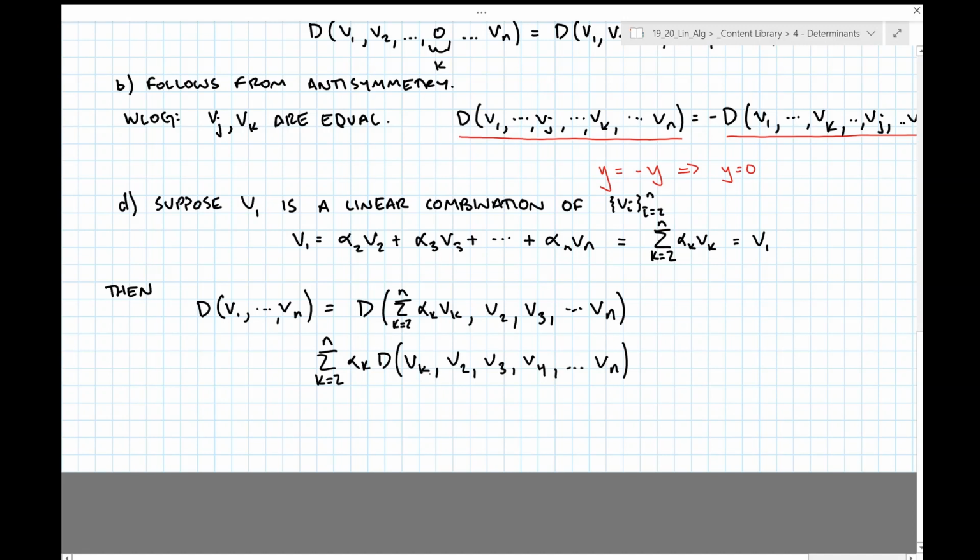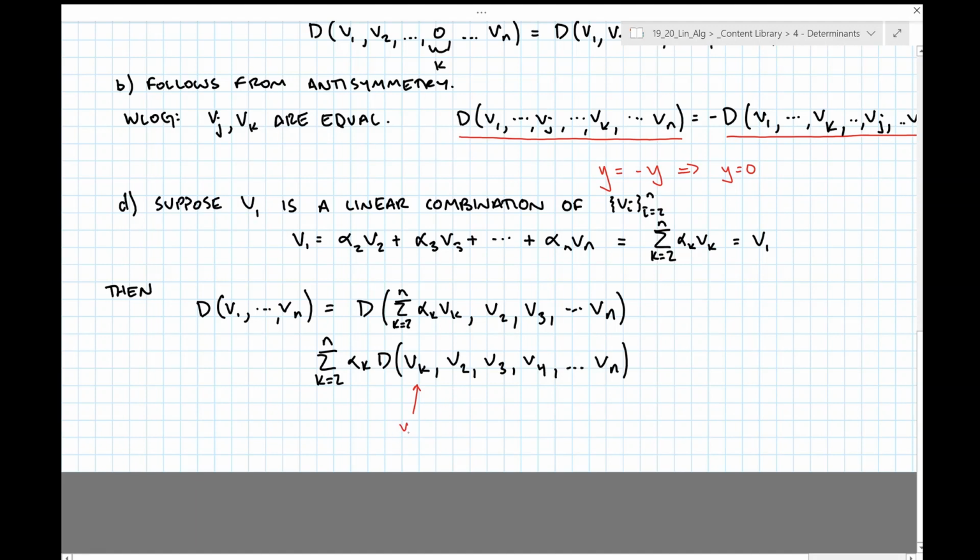And this k is indexed, so there's actually a bunch of determinants in this sum. There's the determinant of alpha 2, V2, V2. And then the next one in the sum is alpha 3, V3, V3. What you'll notice is that every one of these in the index sum, Vk shows up here, and it'll show up again.